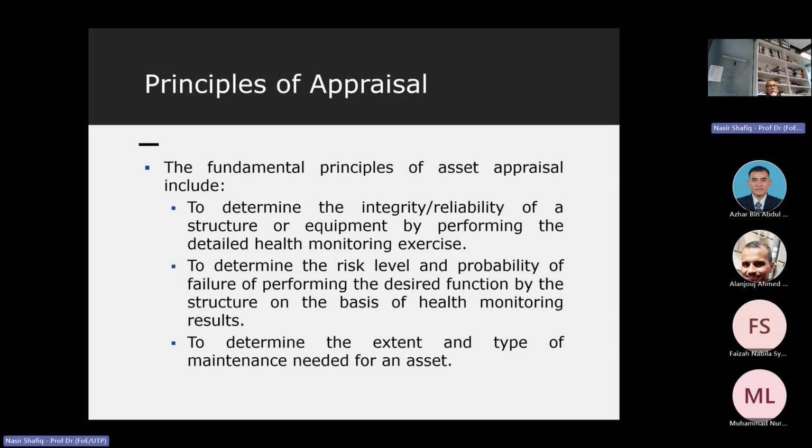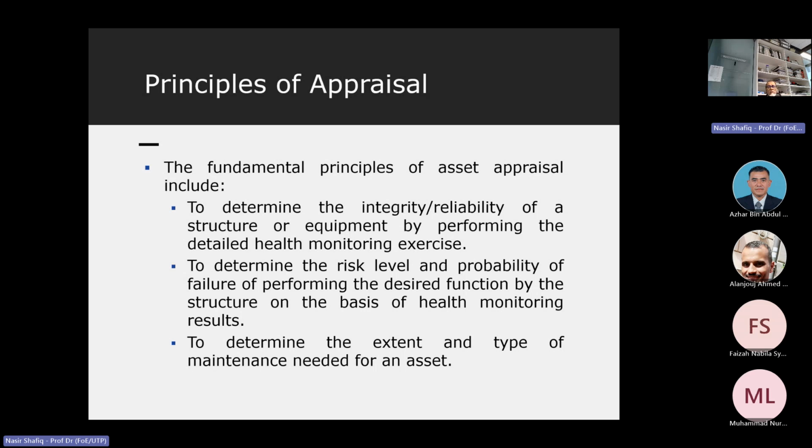That is the whole sum of the exercise, like in reliability of structures or pipeline reliability, where you will be learning those techniques. To determine the risk level and probability, on that basis you can estimate the risk by estimating the probability of failure and their likely consequences. That is undergoing a big exercise, right?